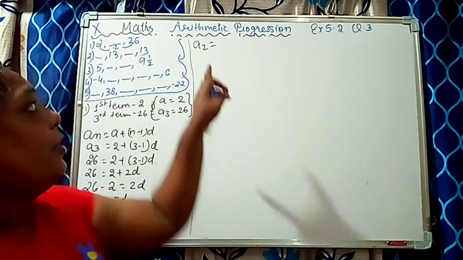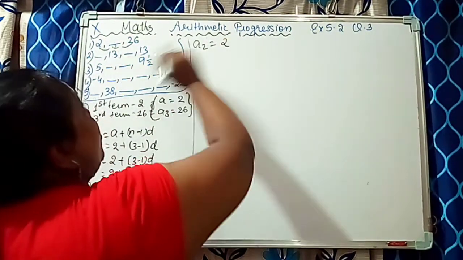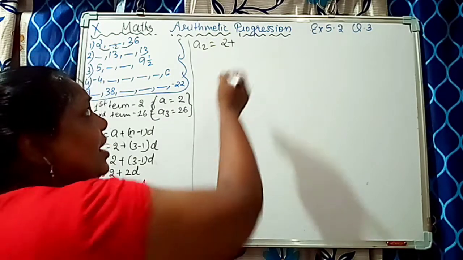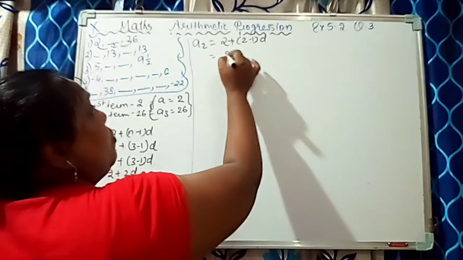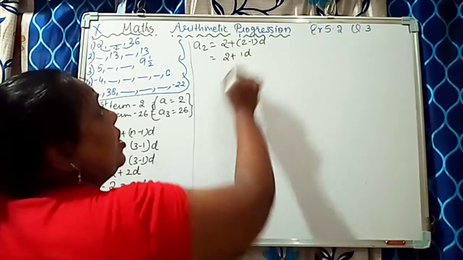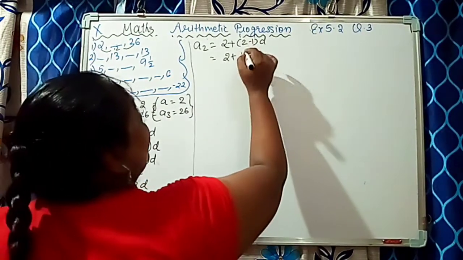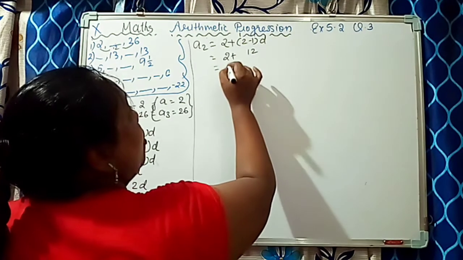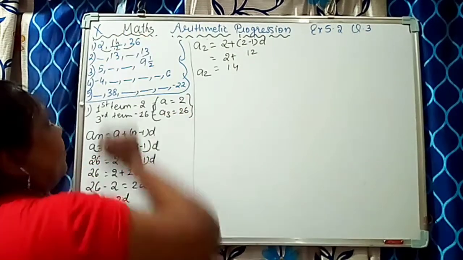So a2 is equal to 2, here 2 is given, plus d, what is there? 12. That is, 2 plus (2 minus 1)d. So 2 plus 1d. What is the d? Here 12 is there, so we will write 12. 1d plus 2, so 14. So we got a2 as 14.